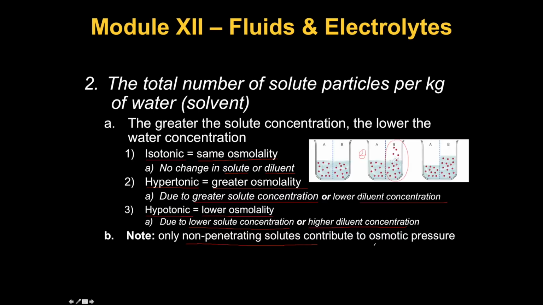They have to be pumped in order to change their concentration in a given cell or compartment of the body. These are the ones causing changes in osmotic pressure. So you can't have any movement of the solute particles across a semi-permeable membrane in order for it to exert osmotic pressure.